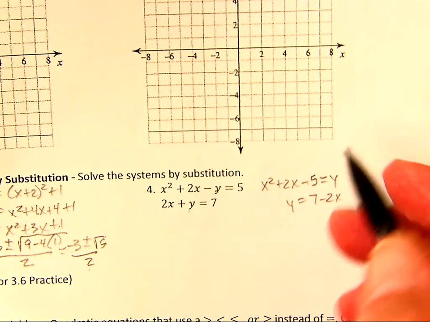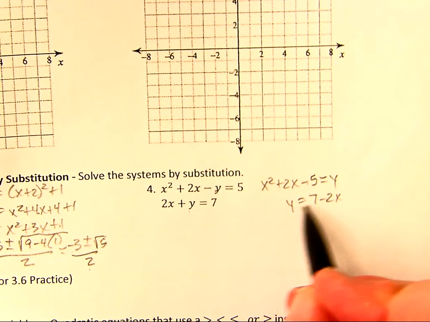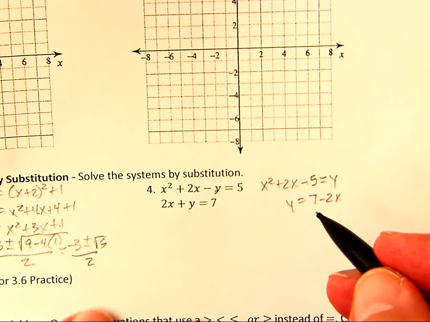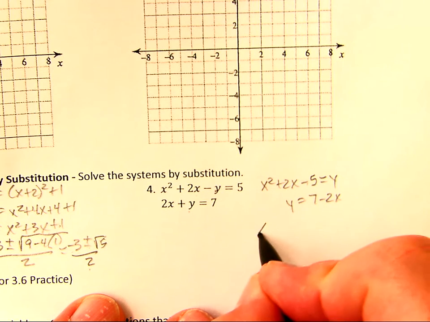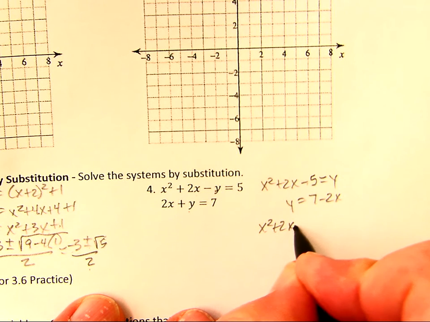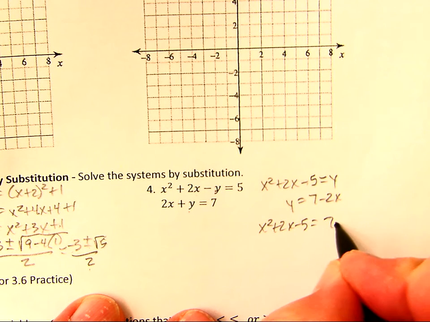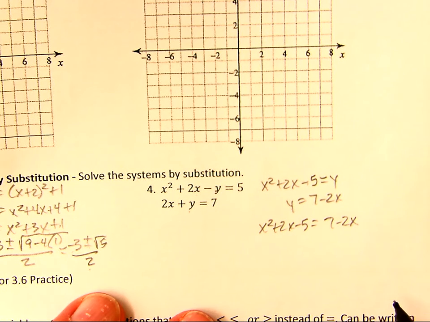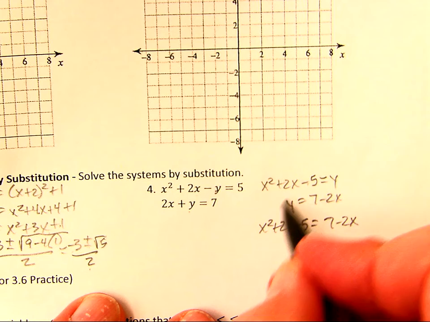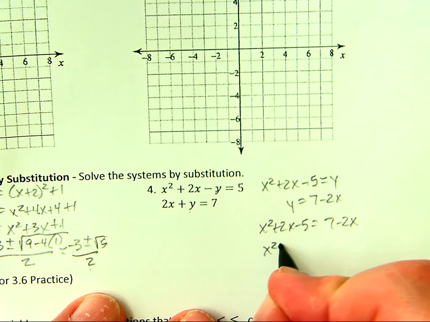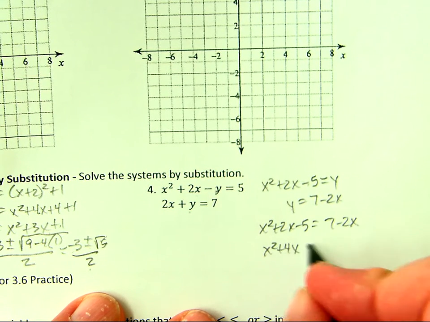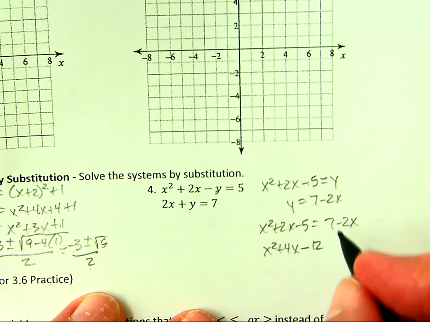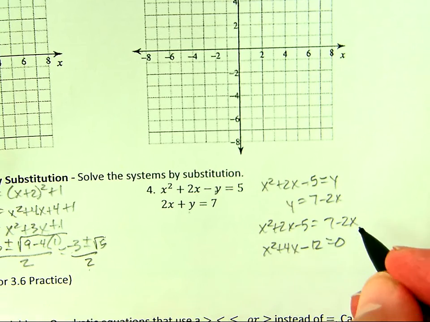So again, if y equals this and y equals that, we want to know when those two are equal to one another. So set the first one, x squared plus 2x minus 5, equal to the second one, 7 minus 2x. We want it to equal 0, so I'm going to add 2x to this side, x squared plus 4x, and I want to subtract 7, so negative 5 minus 7 is negative 12.